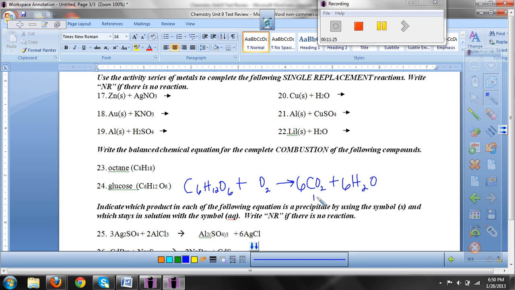I know that I have 12 oxygens here and 6 more here, so I have 18 oxygens. I have 6 here. 18 minus 6 tells me I need 12 more, so I'm going to put a 6 right there, and it's completely balanced. Erase that and move on.